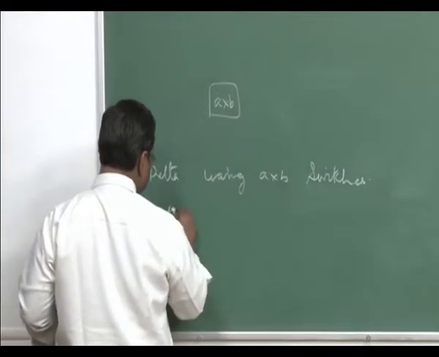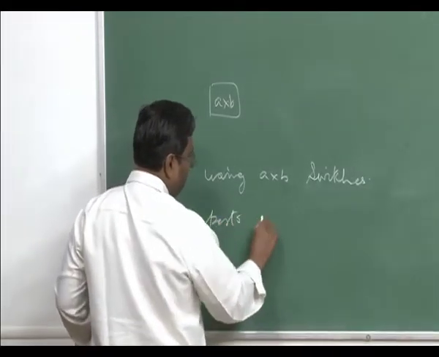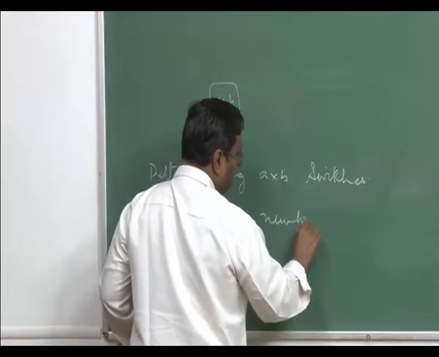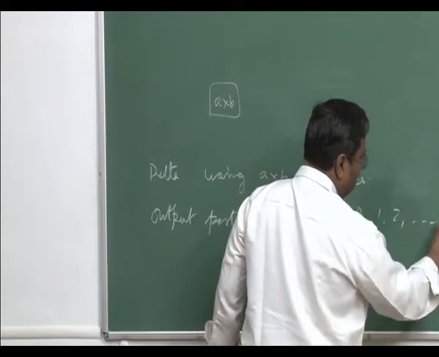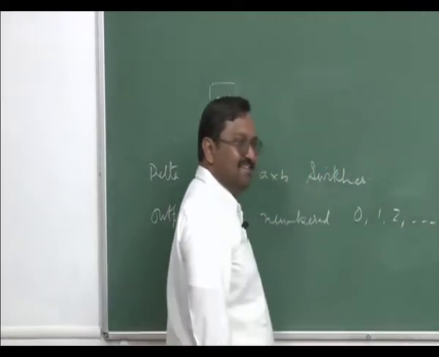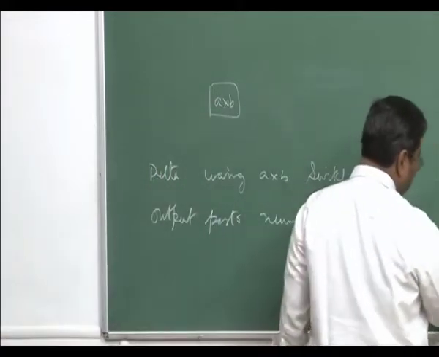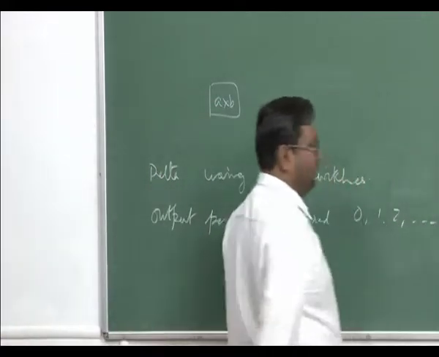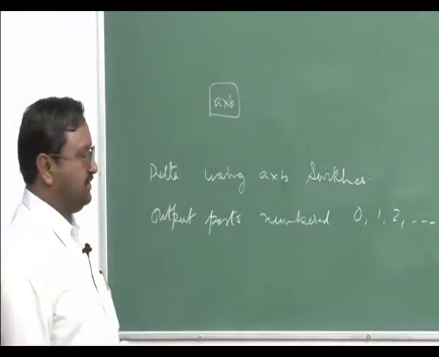Output ports are numbered as 0, 1, 2 and B minus 1. There are a total of B output ports in every switch.